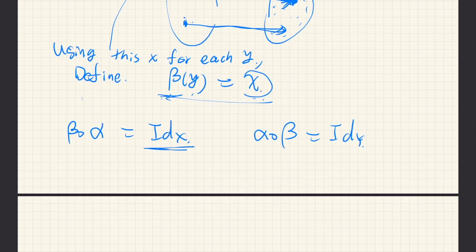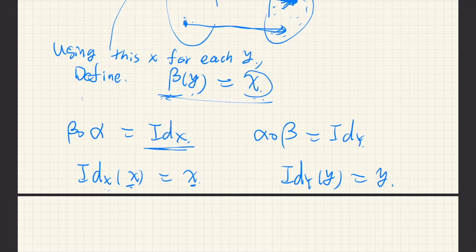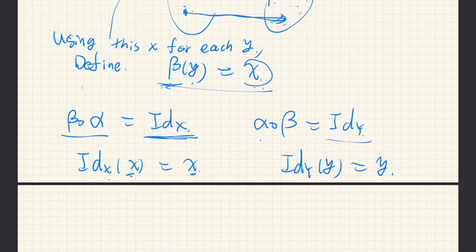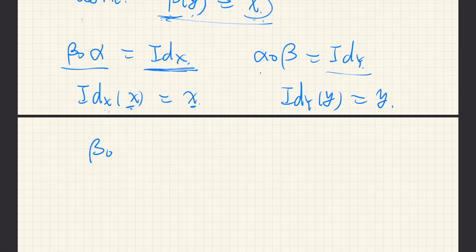So that means ID X of X is equal to X. So it gives the same X as its input. So for each element in X, and ID Y means for each element in Y, it gives Y, right? So we need to show that this composition beta after alpha is equal to ID X, and alpha after beta is ID Y. So let's show that beta after alpha of X.